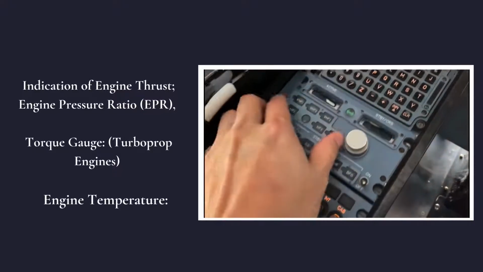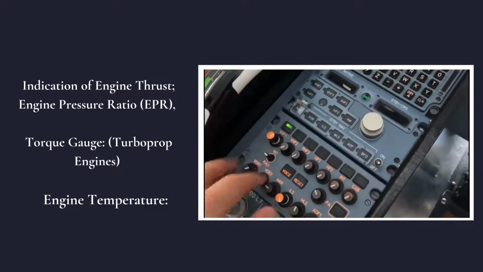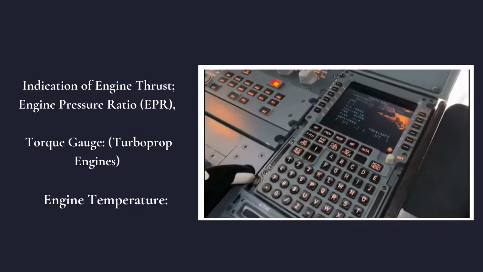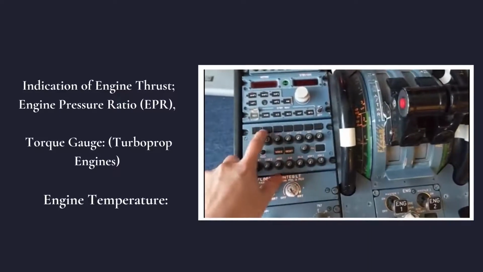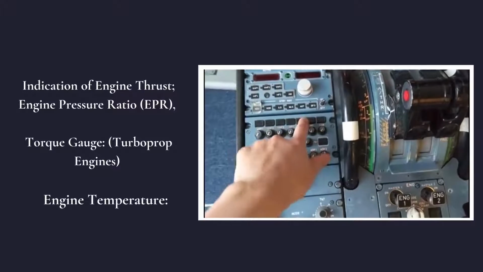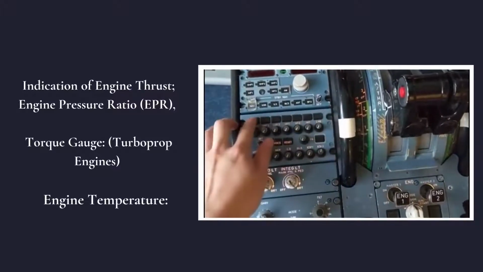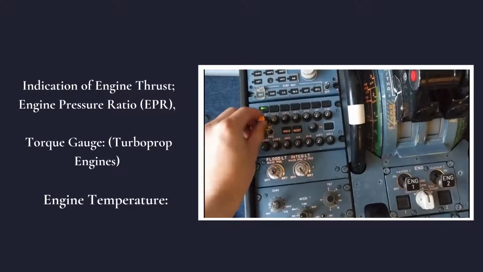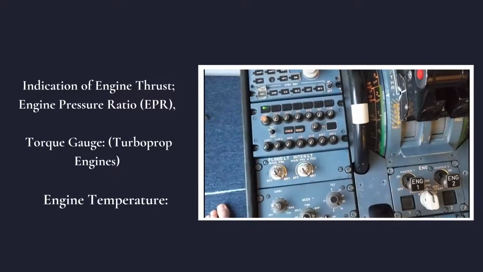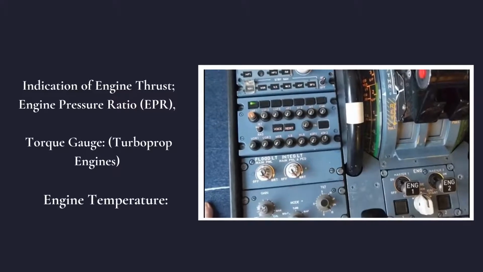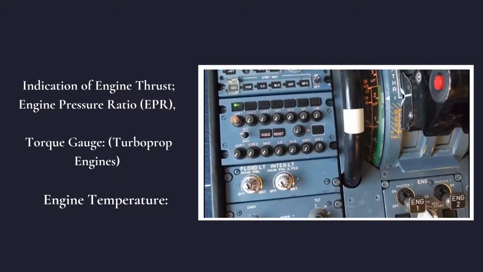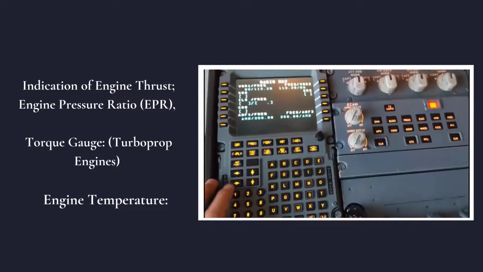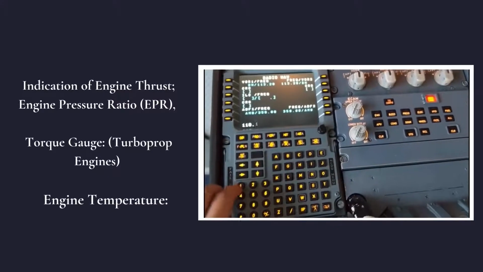Torque gauge turboprop engines, because only a tiny part of propulsive force produced by a turboprop is due to the jet thrust. Neither the turbine discharge pressure nor the engine pressure ratio is used to indicate the power the engine is producing. Instead, a torque meter is used to measure the level of power the engine is developing on the ground and in flight.